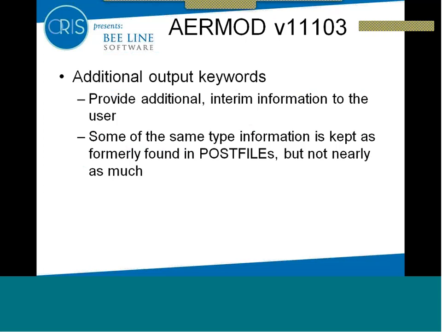And these can provide you additional information that you can use to try to ferret out, are you seeing any one particular source that's contributing to the design concentration and so forth. Now, some of that is the same information that we saw in the post file, but it's not nearly as much as it was before, thank goodness.